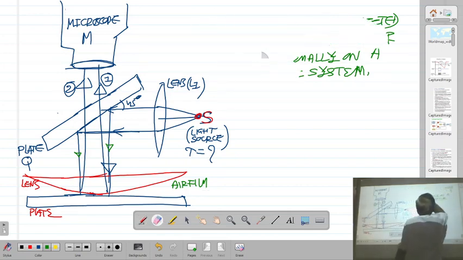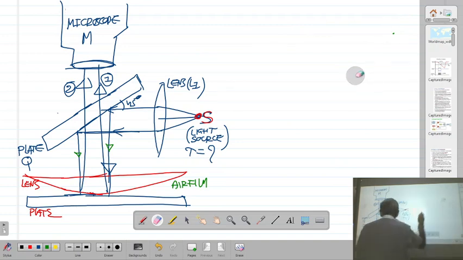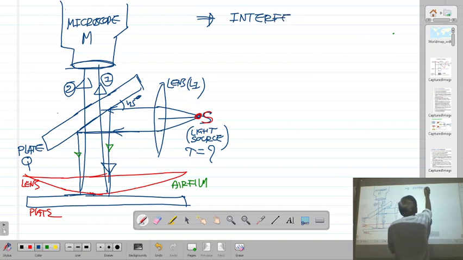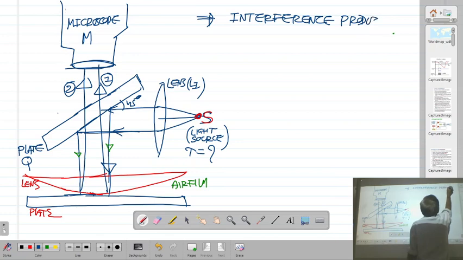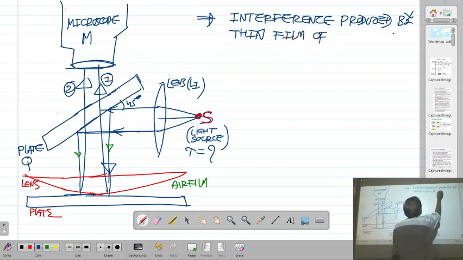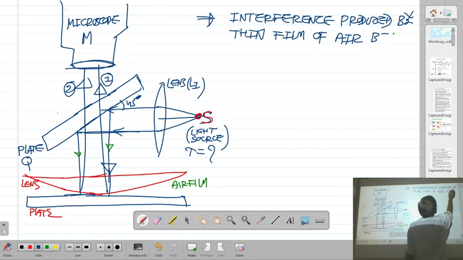So, interference produced by the thin film of air between lens and plate.